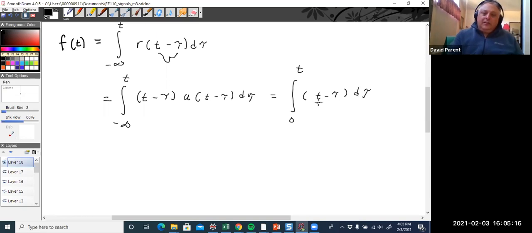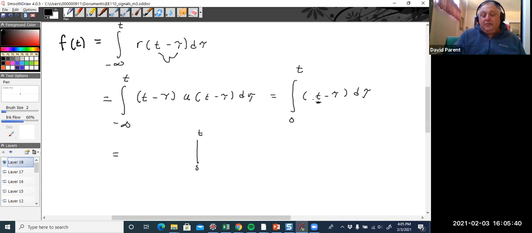Now, here's the thing. This is a parameter, and we will be using this later in convolution. This is the integration variable, and then t is something that, well, let's just say it's acting like a constant. That's what we can think of it as.